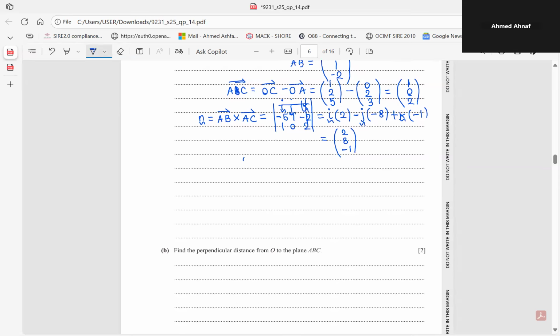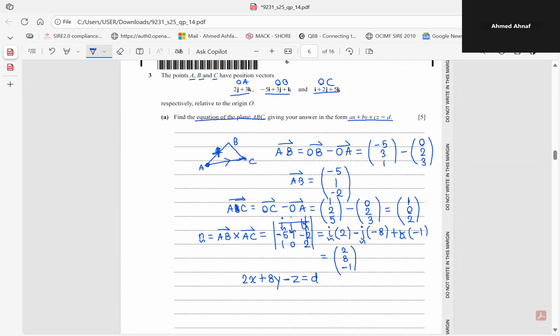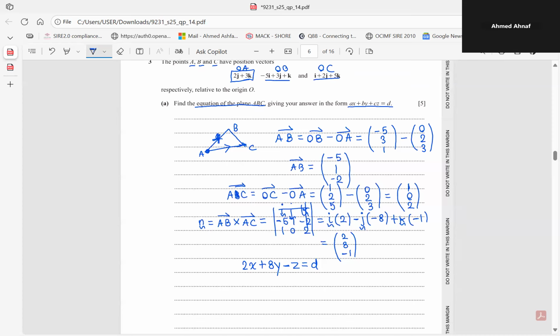So we have found our a, b, and c values. So this would just be 2x plus 8y minus 1z equals d. And to find this d, you just substitute any point in the plane. So either A, B, or C. So I'm going to substitute A. So A's coordinates are 0, 2, 3.